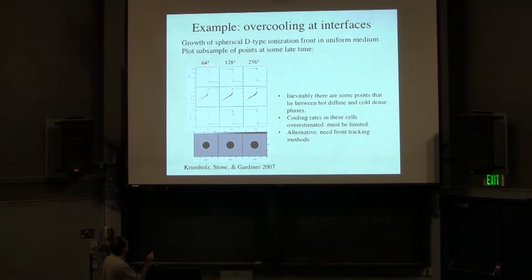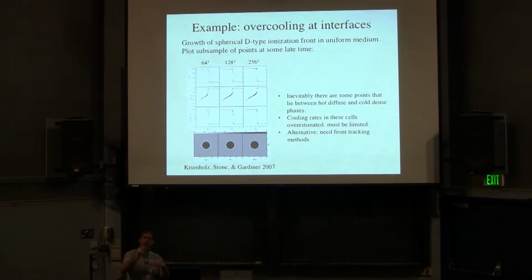Notice that the temperature, there are some grid cells which are in the intermediate regime between the cold dense phase and the hot ionized phase. And that's inevitable because the ionization front will never be less than 1 grid cell wide. It'll never be a true discontinuity.